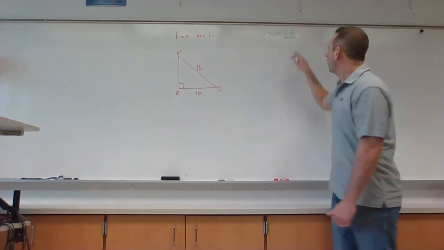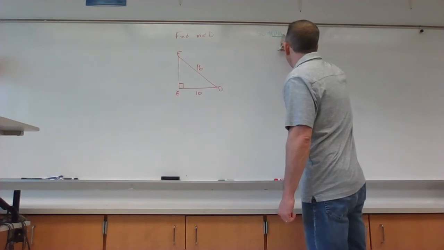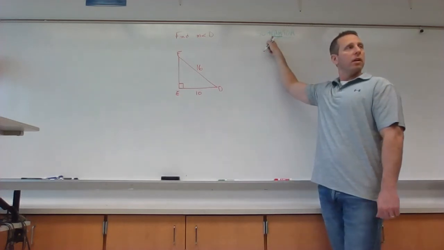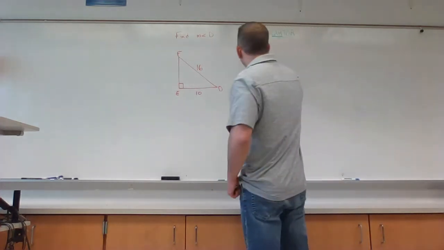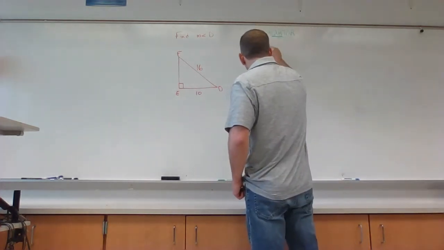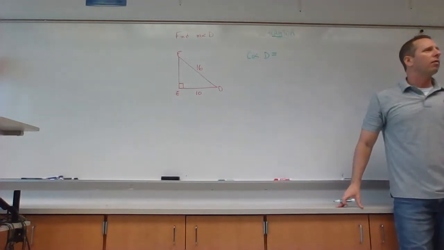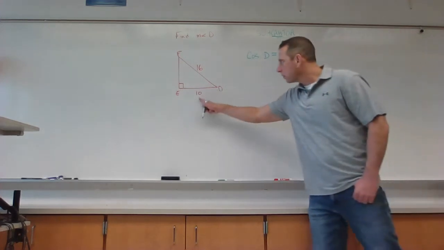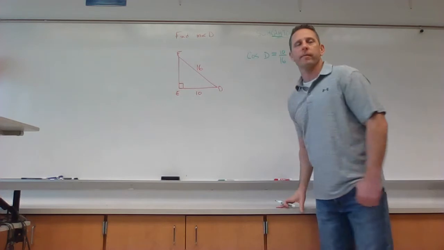Adjacent, right here. Adjacent hypotenuse is cosine. So we're going to write cosine of angle D equals, and now we're going to write the ratio. What's adjacent over hypotenuse? 10 over 16.